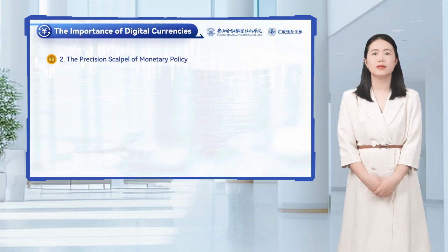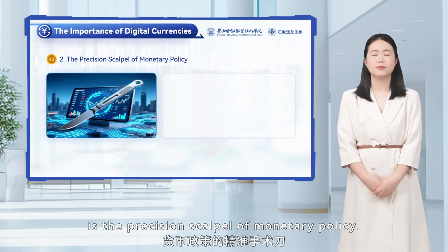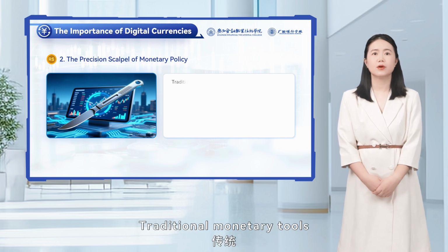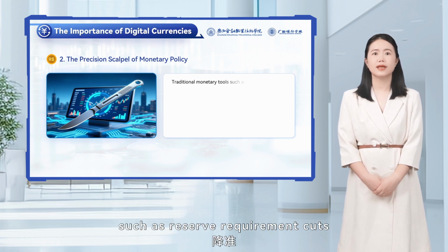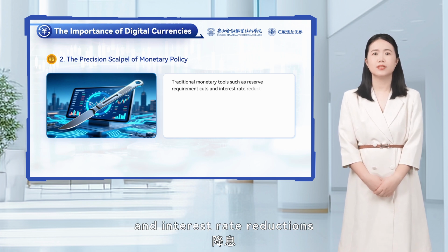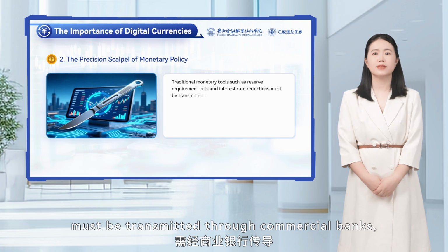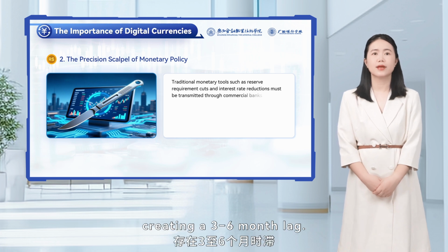The second is the precision scalpel of monetary policy. Traditional monetary tools, such as reserve requirement cuts and interest rate reductions, must be transmitted through commercial banks, creating a 3-6 month lag.